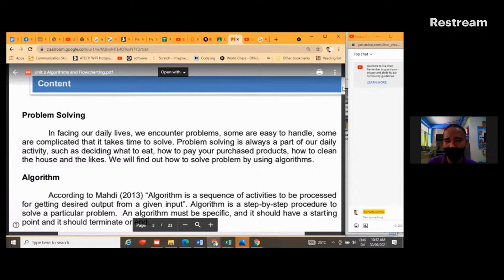So, problem solving is always a part of our daily activity, such as deciding what to eat, how to pay your purchase products, how to clean the house, and the likes. We will find out how to solve problems by using algorithms. By the way, talking about problems, you remember in our planning, if you're going to create a program or something, you need to look for a problem and you need to find a solution for that particular problem.